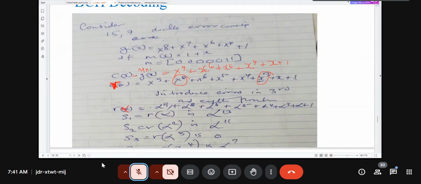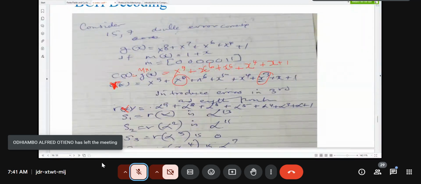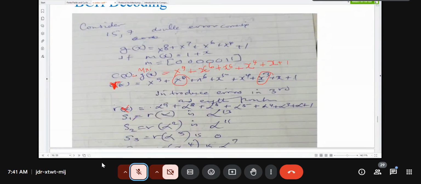Actually, you should not even have this. You can replace alpha in this equation, but actually this is not even important to us. What is important to us is getting the syndrome. Because actually the syndrome is just simply R alpha.